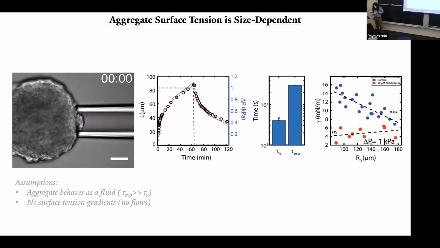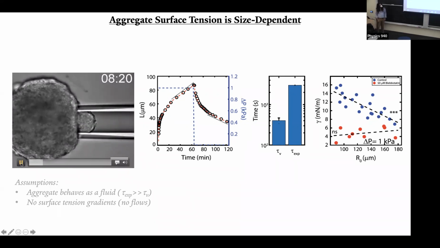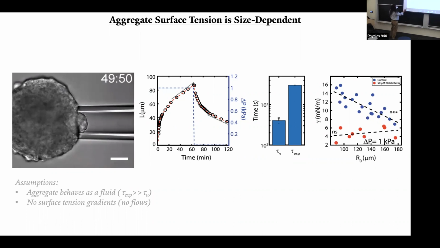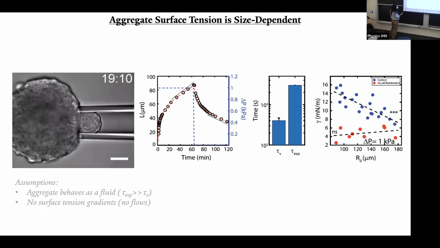So what we want to do is calculate a pressure-volume relationship to see how we can estimate what the pressure-volume work is, to see if there are any conserved quantities. So what we do first is calculate a surface tension, and we do that with a micropipette. So here we have a little micro needle. This is, I believe, about 100 microns in size. So we apply a pressure which will aspirate the aggregate, pulling it inwards.